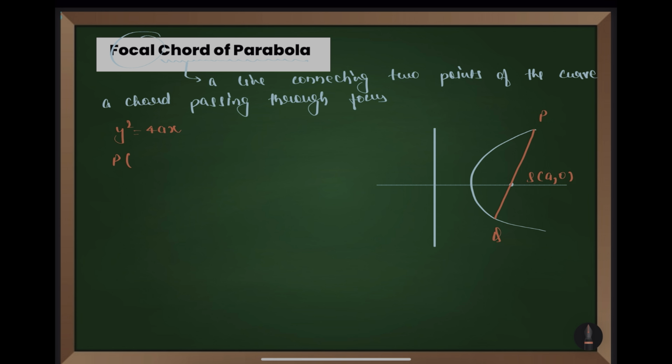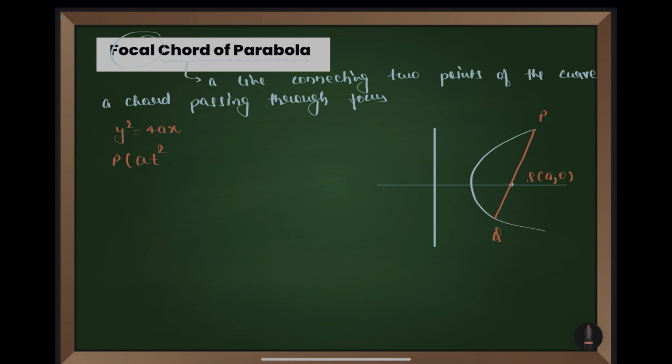You know that wherever there is a requirement of assuming a point, we imagine it in parametric form. Now look at this 4. You don't have a problem with 4. You have a problem with a, because later you have to take the square root. So a should be a square, so I'll use another a. For x, I'll be using t square.